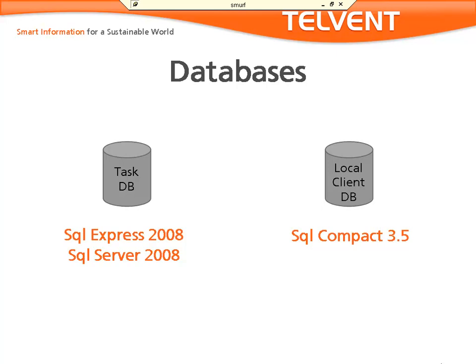So this is a pretty small database. It's created automatically. There's really no configuration you need to do for this local client database. And for the task database, you just need to install SQL Express 2008, or if you already have a license for SQL Server 2008, you can use that. And our installers will create the necessary tables for you.